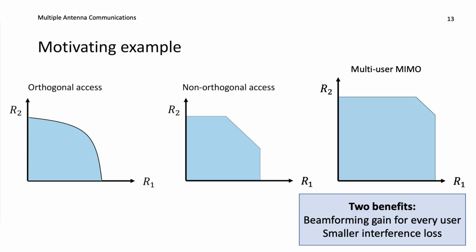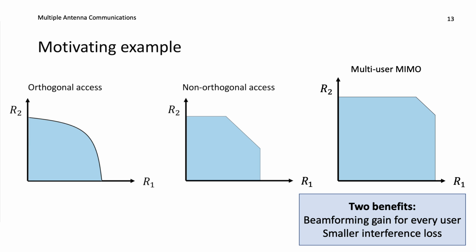So there are two benefits. The beamforming gain that we achieve by having multiple receive antennas is increasing the rate that each user can get when it is alone in the system. And also, by having multiple antennas, the different rows in the channel matrix are going to look more and more orthogonal to each other, which means that the users are interfering less and less.